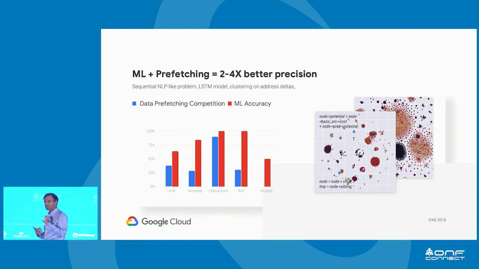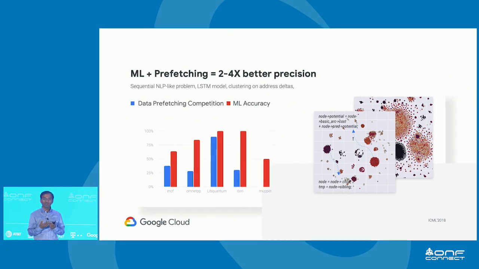And what is fascinating, and we have an ICML paper that goes into a lot more details, is that this has some pretty fantastic results. The picture on the left shows how, out of the box, a simple LSTM machine learning model performs way better than the best championship predictor at that time, and that's pretty exciting. But what is even more exciting is the picture on the right shows how these machine learning models can actually provide semantic insights into what is happening there.